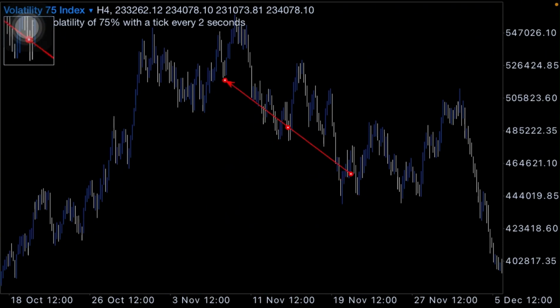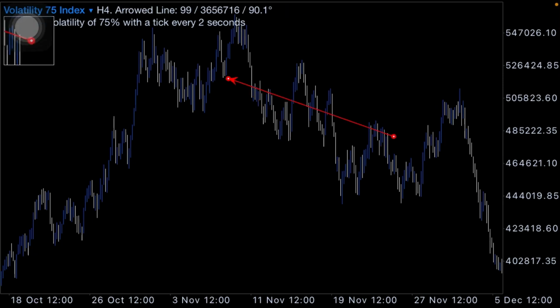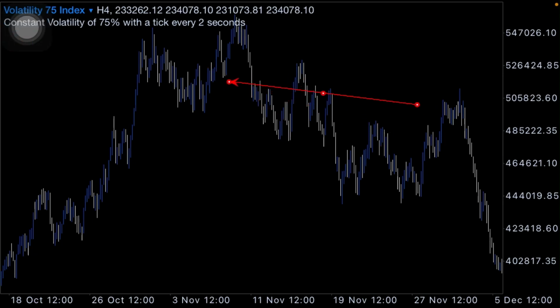There is a break of structure here, but I personally will not consider it, for the fact that this is a minor low, but this is a major low. So as the price breaks this major low, I'll take into consideration that the price has turned and aligned with the higher time frame downtrend.